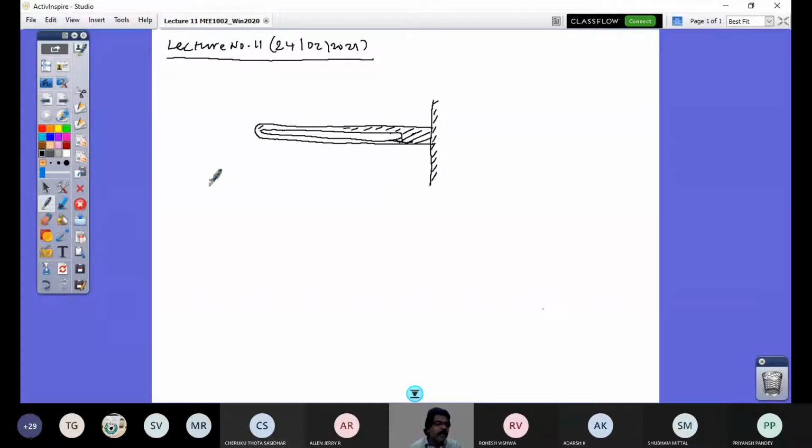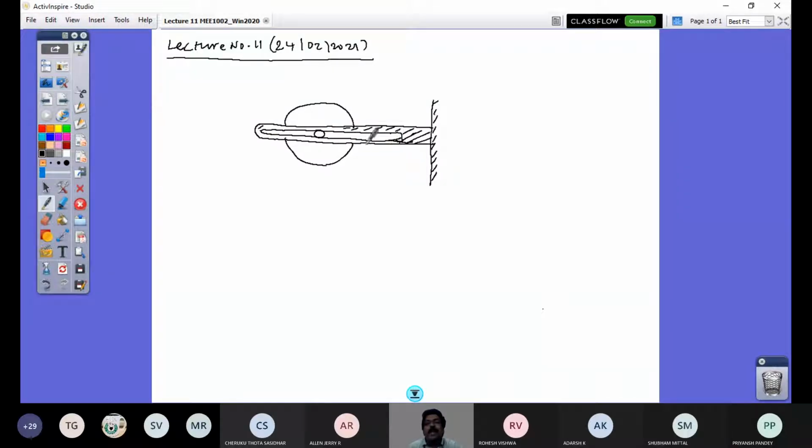This cantilever arrangement has to hold a circular disc and allow its motion in this slot. So this is a circular disc, and the disc has a pin at the center. The pin is guided in this slot.